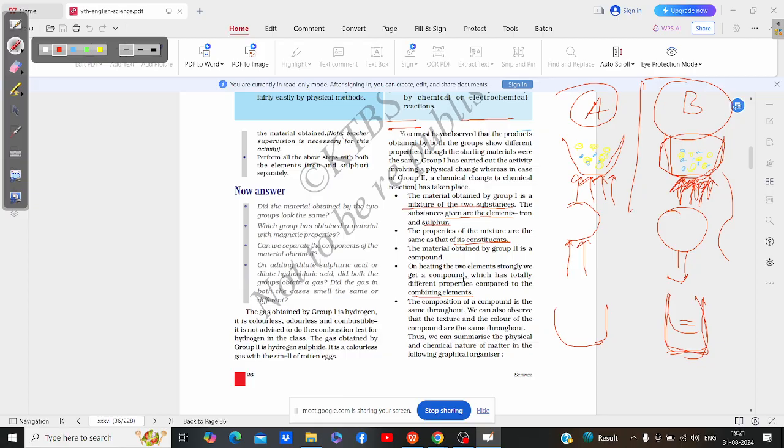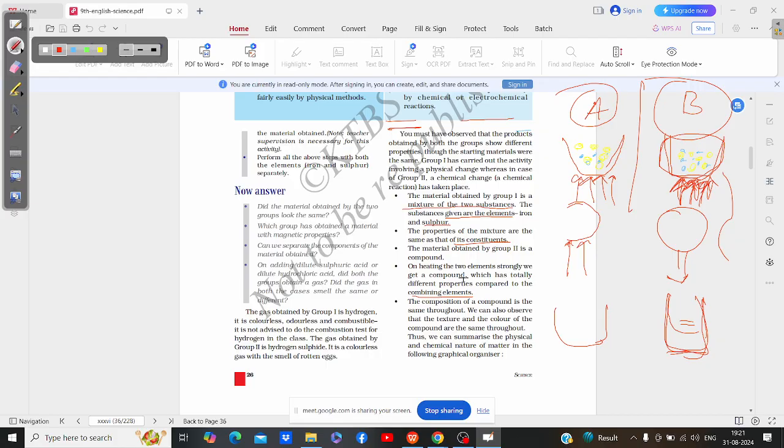When we add two or more substances and they are chemically combined, that is group B. In group A there is nothing chemically combined, we just mix it, dissolve it with some acid, stir it and filter it.